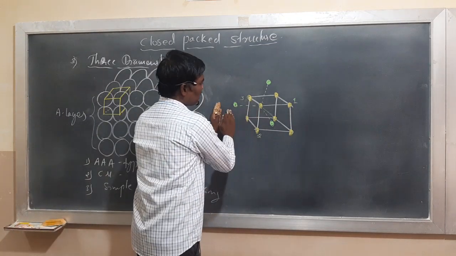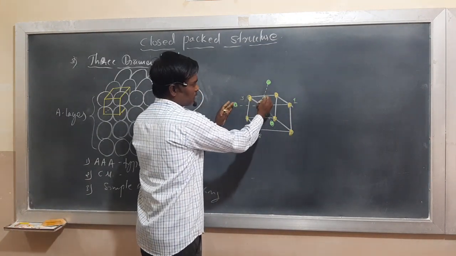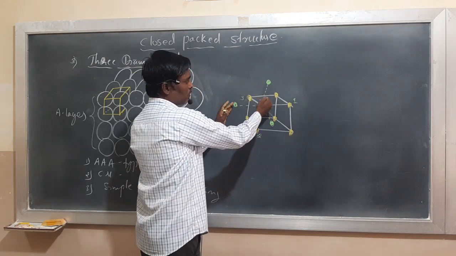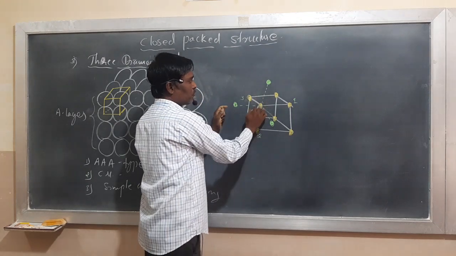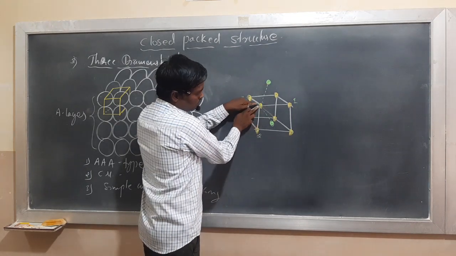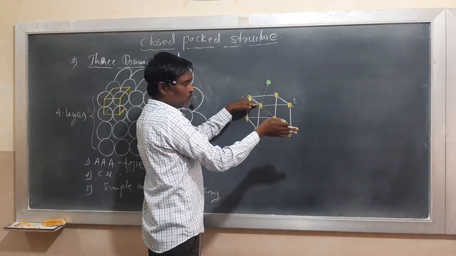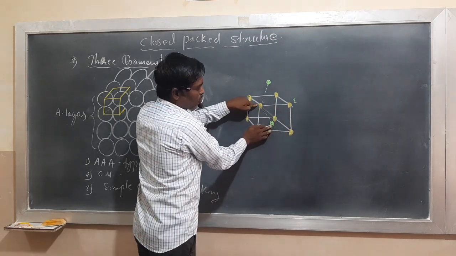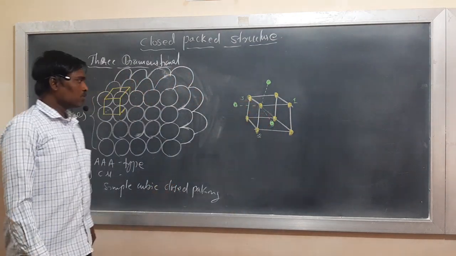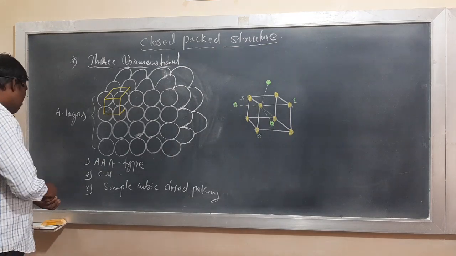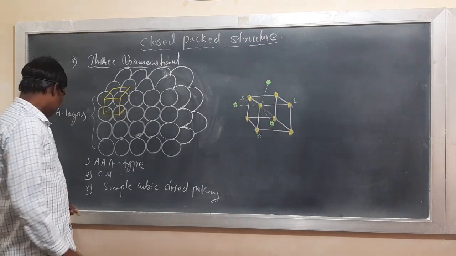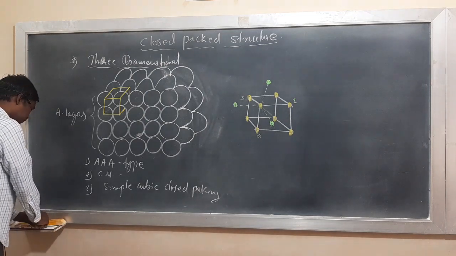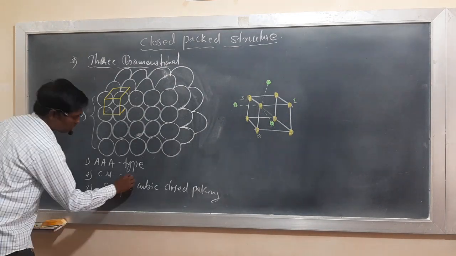There is another unit cell above this cube, where another particle is also in touch with that, because this is the corner for these 2 unit cells. There is another corner particle also in touch with that. That means there are totally 6 corner particles in touch with that particular one. Therefore, the coordination number is 6.